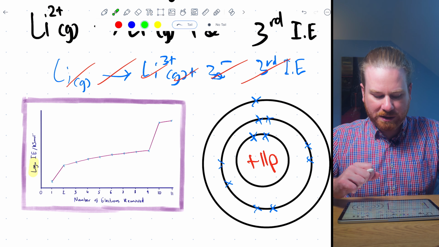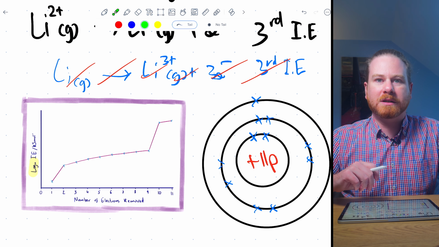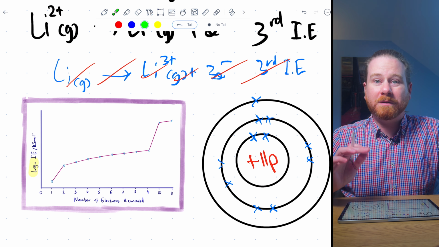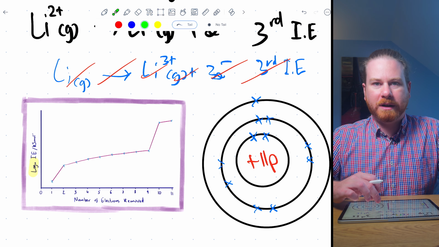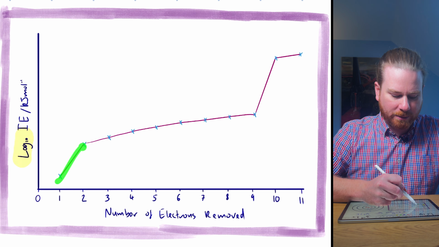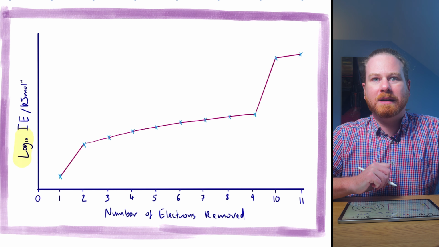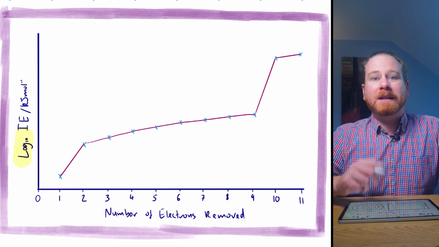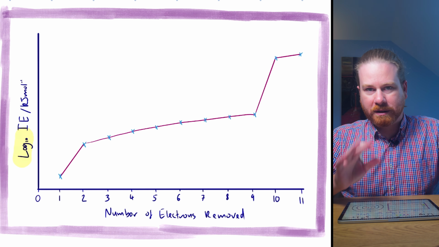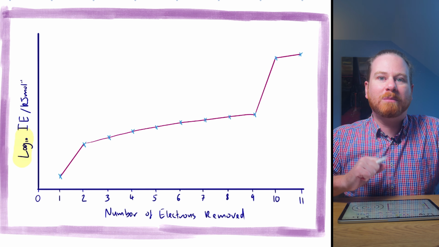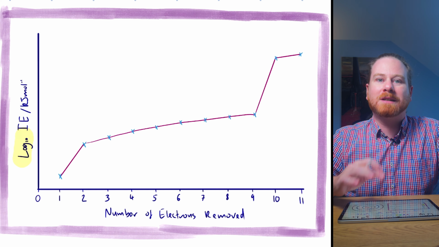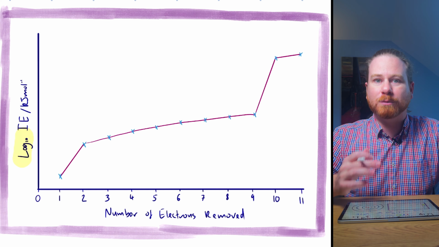Okay, so now that's what the graph is. Now let's go on to explaining why we've got this line. The first thing to notice is we are getting some big gaps, like a big gap here and a big gap here. And these big gaps are the most important thing. Each big gap is representing a move to the next main energy level.